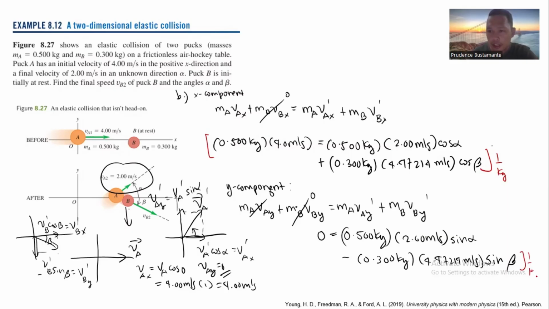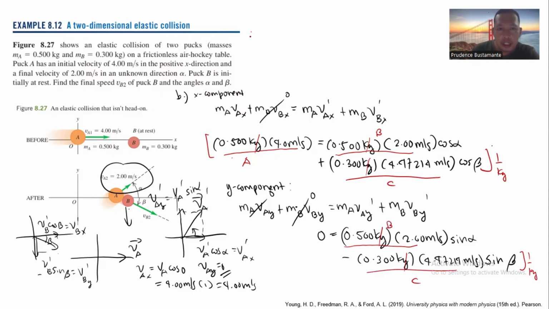The next thing we do is let this term be a constant A, this our constant B, and this our constant C.